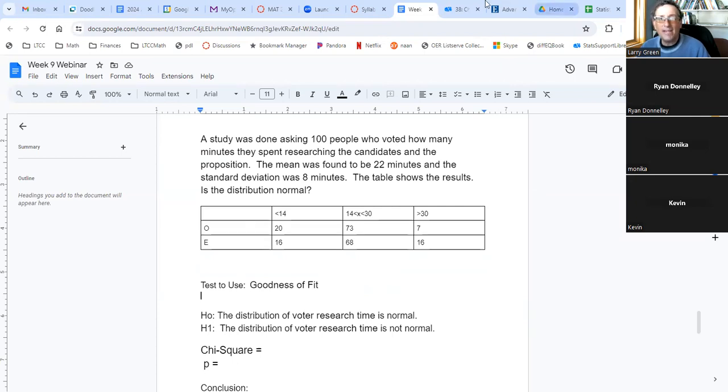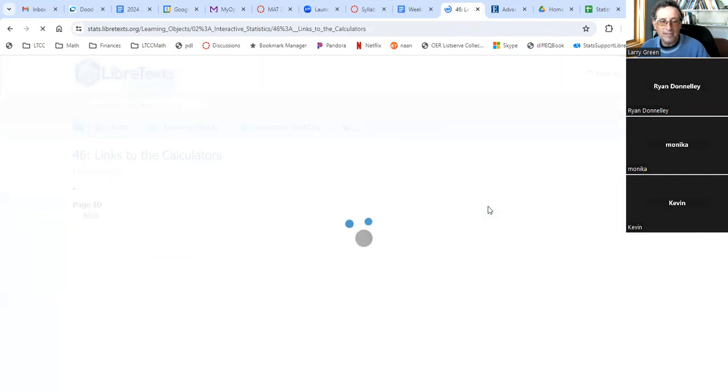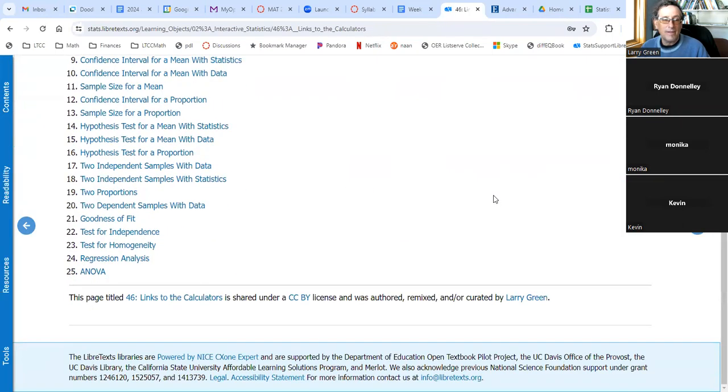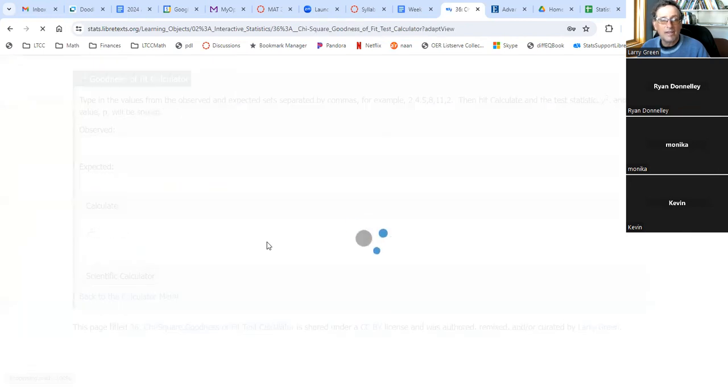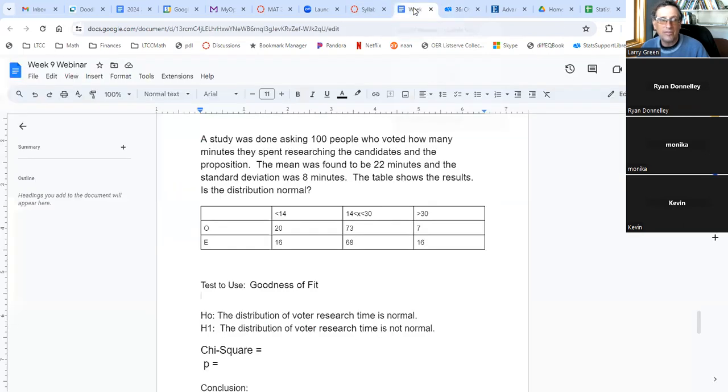All right, so then we go to the calculator. Let's go back to the menu. And we already said it was the goodness of fit test, so it's 21. And the observed values were 20, 73, and 7.